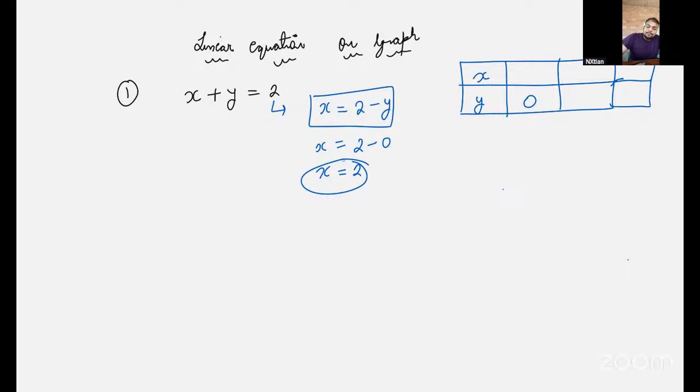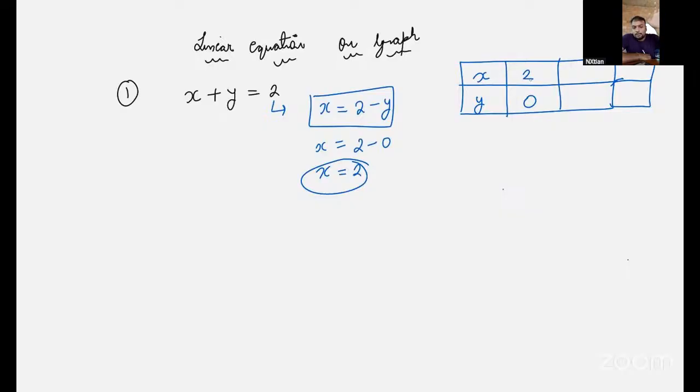Now, Nayantara, any other value of y that you want to assume? Any value. You have to assume any value of y. Don't care about x.